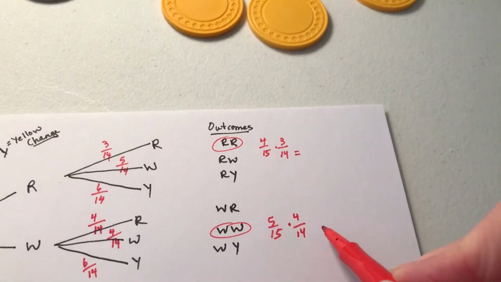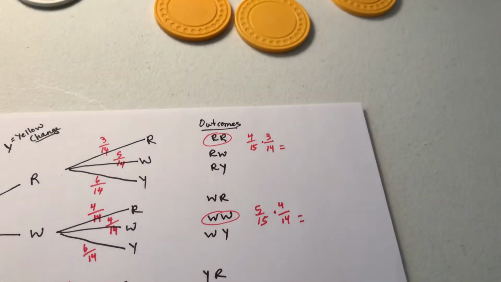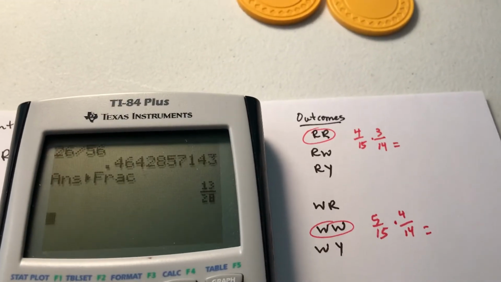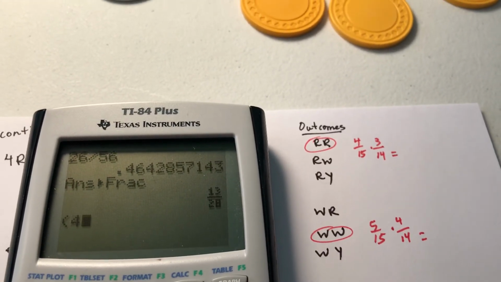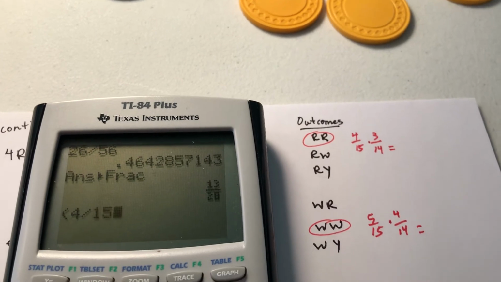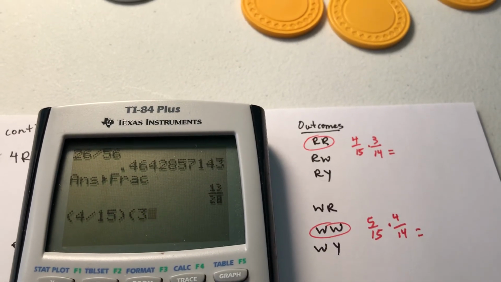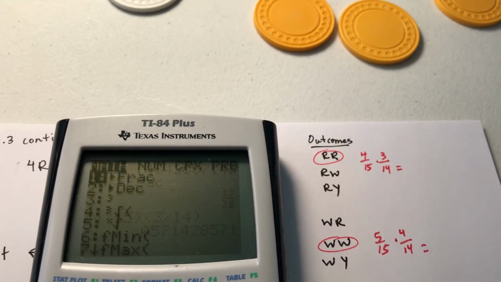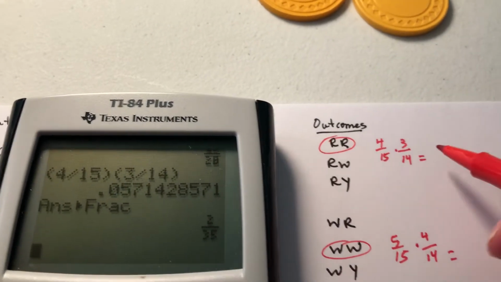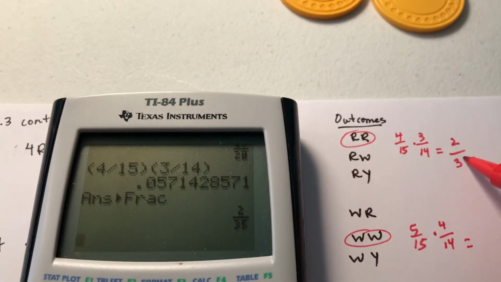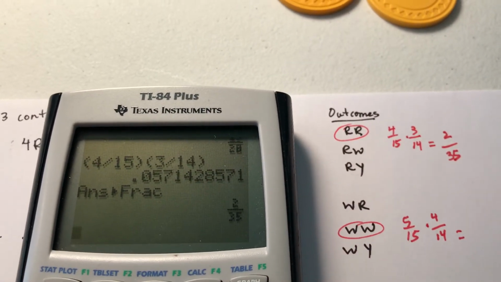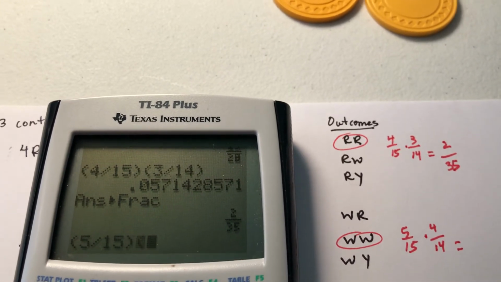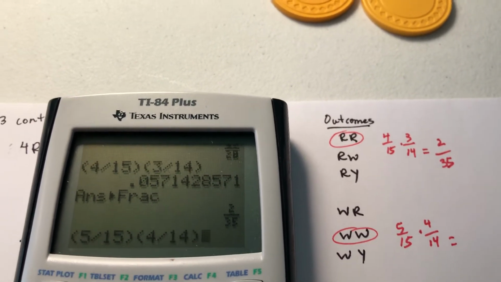And this will give us some values. Oh, I have not done this. Well, I've done it a few million times in the past, but not today. So if I take 4/15 times 3/14, math, enter, enter. That gives me 2/35. And then I've got 5 divided by 15, 4 divided by 14, like that.